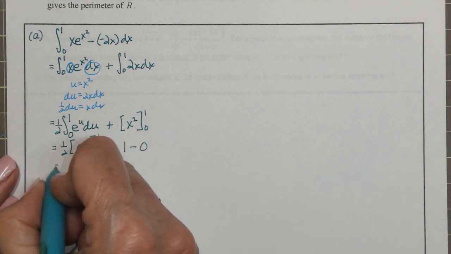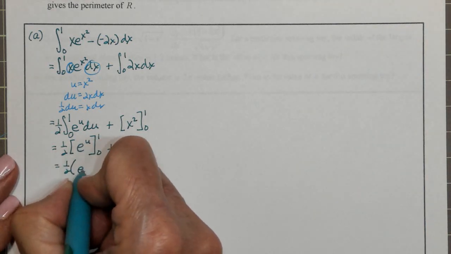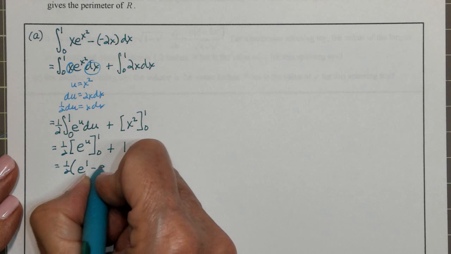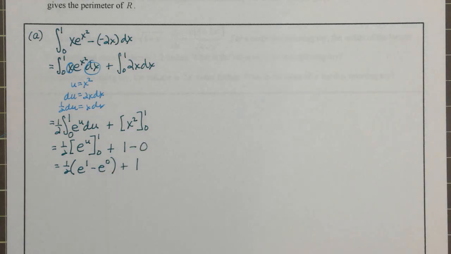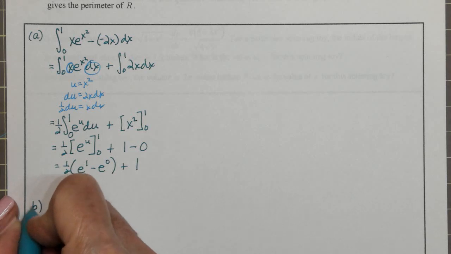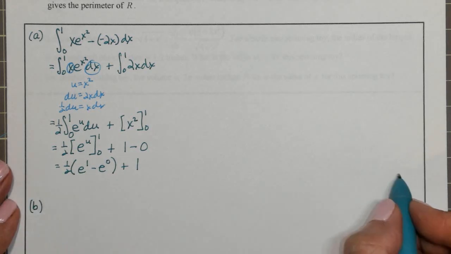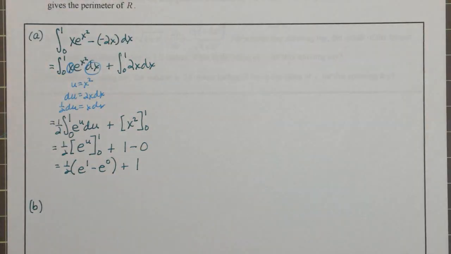And over here I have 1/2 e to the 1 minus e to the 0. And I'm going to stop right there. That'll be good. Okay. Part B. So this would be within its own box, but I have just one big box for all of our answer. Okay, part B.